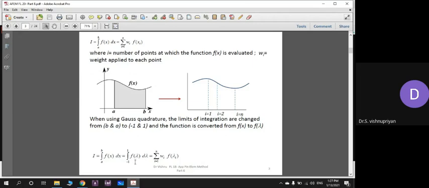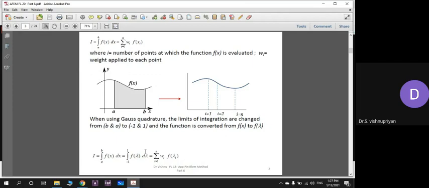When we change the limits, we have to change the function also. That means f of x, the original function, will now be replaced with another function called f of lambda. In other words, x, the independent variable, will be replaced by another variable called lambda.